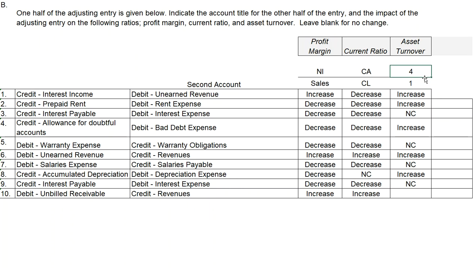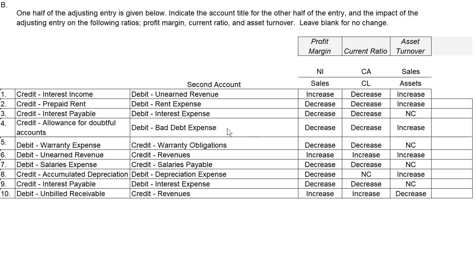So if both of these went up by 1 to 5 and 2, what just happened? Our asset turnover would have decreased. Now, of course, if our original asset turnover had been 1/4, it would be just the opposite. But typically firms generate more in the way of sales than they have in assets.